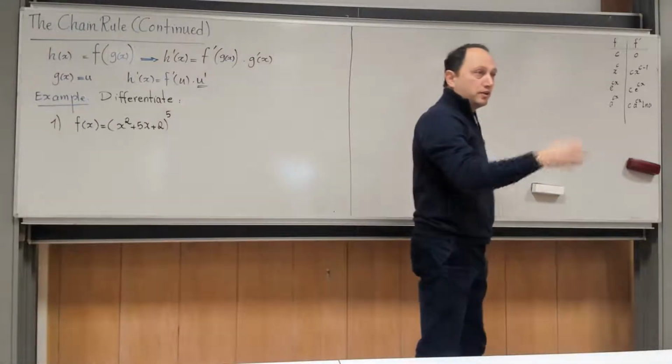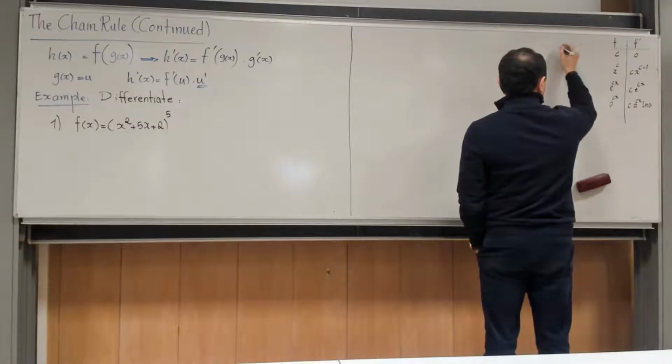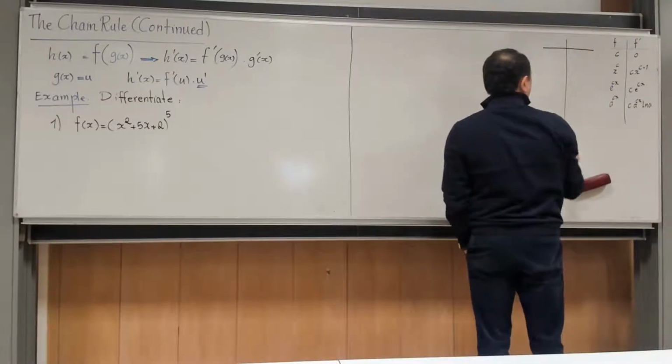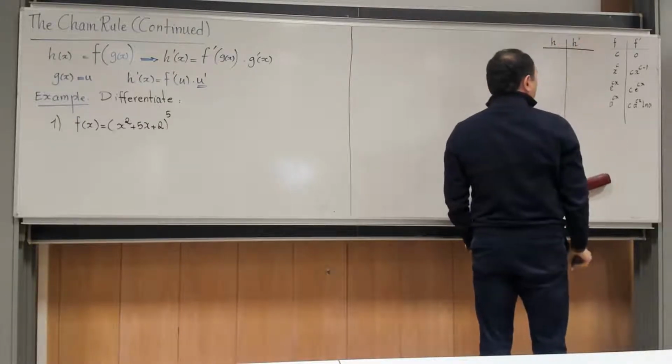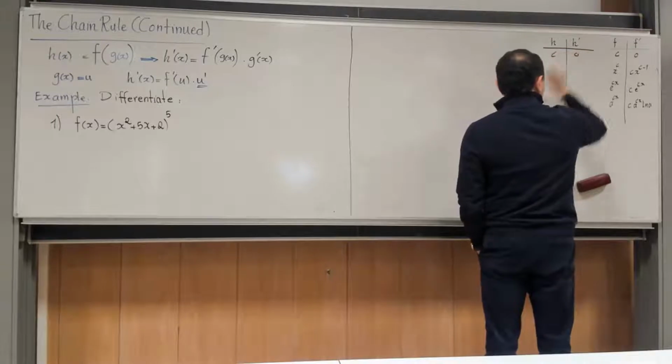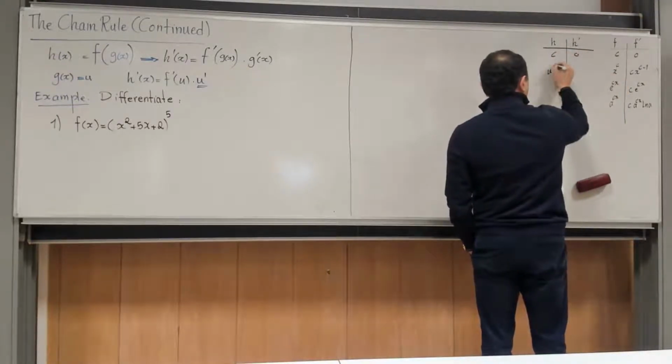Okay, but if I want to write a chain rule version of that, it is very easy to generate, so you don't need to use your memory that much. So assume that you have h here, and then you want to calculate h prime. So of course the constant is still 0, but assume that instead of x, you have u to the power c.